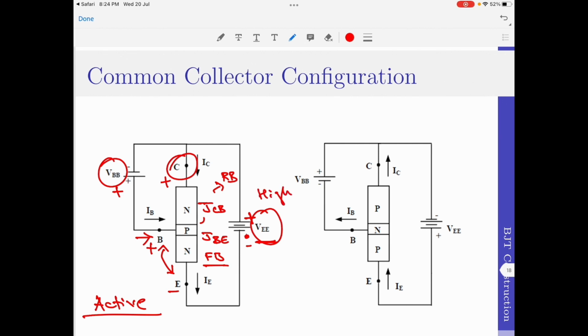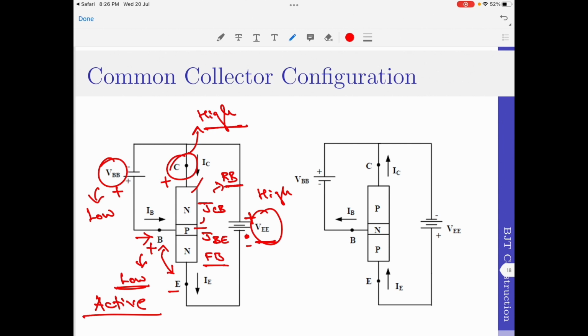So the collector is actually at a high potential, and the value of voltage across the base is always low. Therefore, the base is at low potential. Look at this, collector is at high potential, base at low potential. This means that the potential difference across the N and P region, which form the collector to base junction, is in fact negative. This will cause the collector to base junction to be reverse biased.